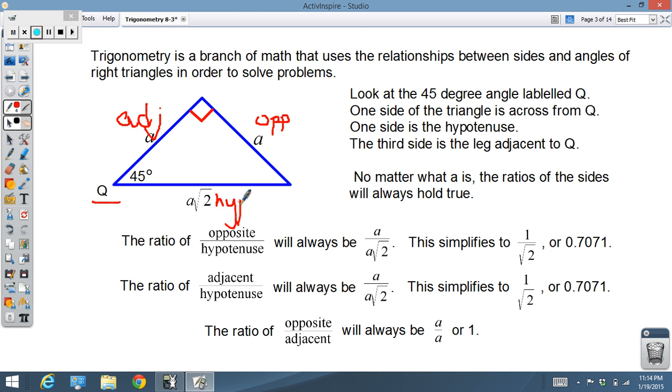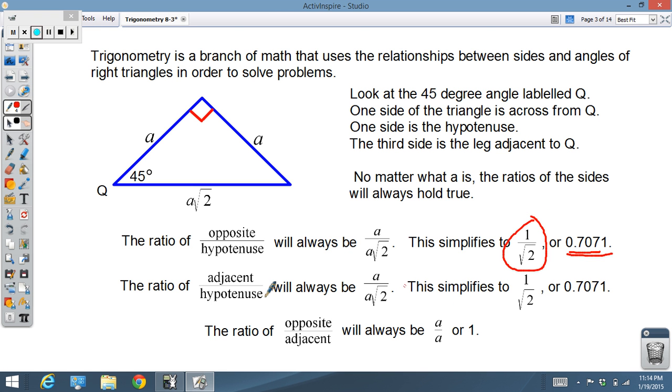Now, look at the ratios, okay? The ratio of opposite over hypotenuse is always going to be A over A times the square root of 2. Right there, see it? Now, this simplifies down to 1 over the square root of 2, 0.7071. And again, it doesn't matter how big the triangle is. A over A root 2 is always going to simplify to that value.